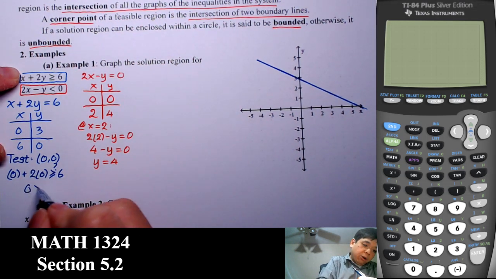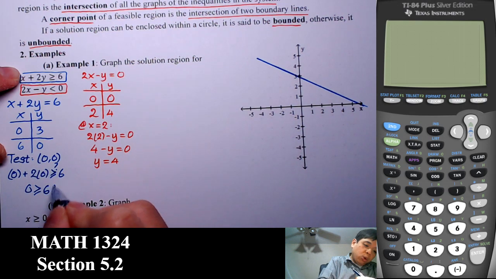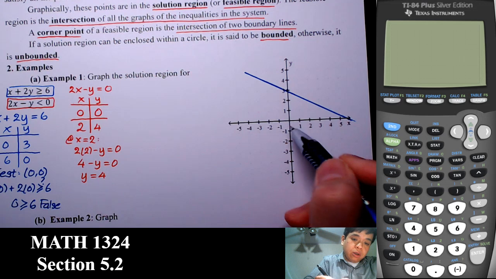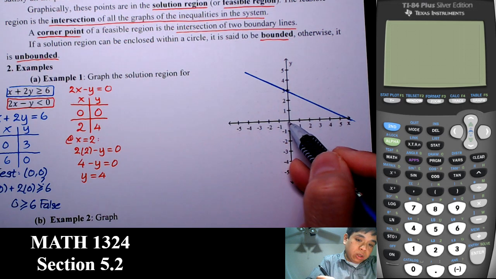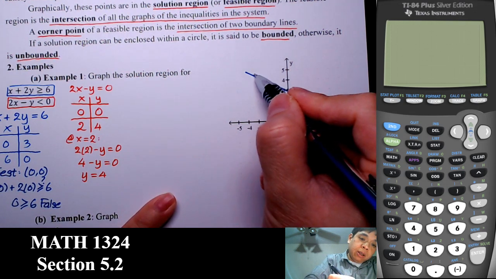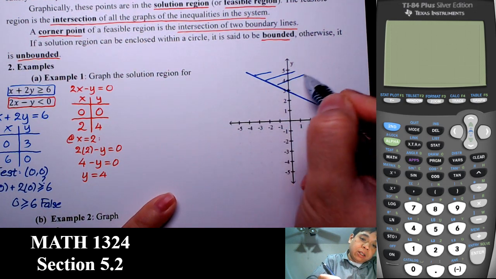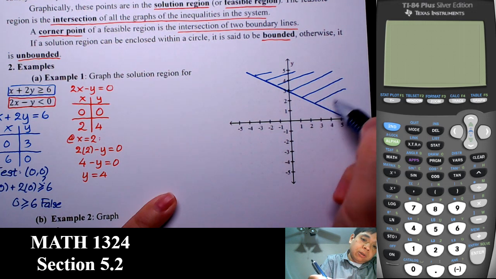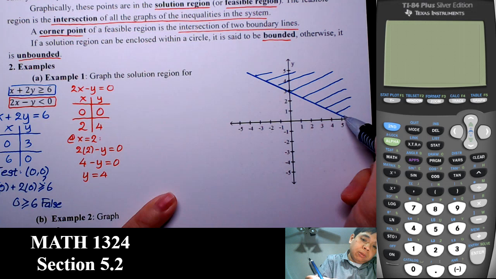And we have 0 greater than or equal to 6, which is false. So that's why 0, 0 is not part of the solution. 0, 0 is here, and it's false. So we have to go across the line, and we will shade that region.